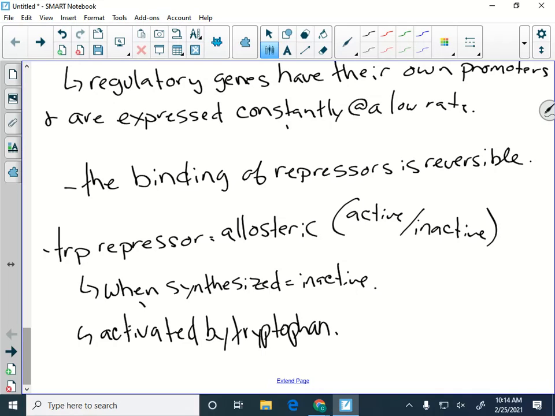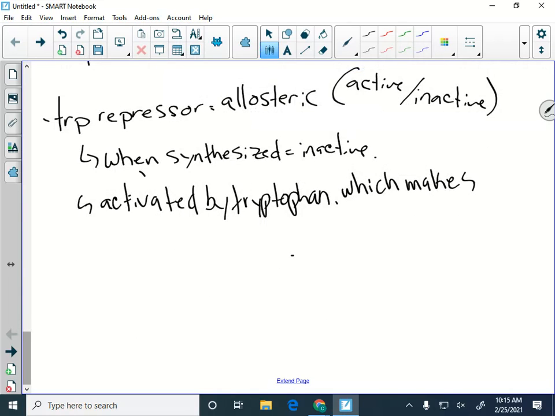Because tryptophan has to bind to the repressor to make it active, this makes tryptophan a co-repressor. Co-repressors are any small molecule that cooperates with a repressor protein.